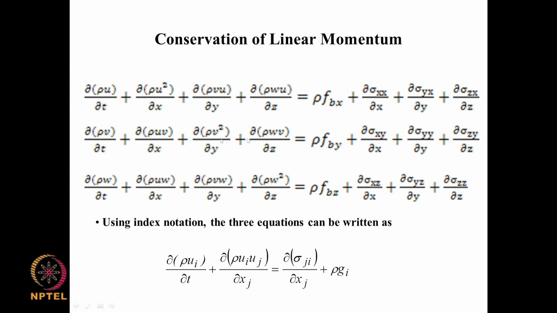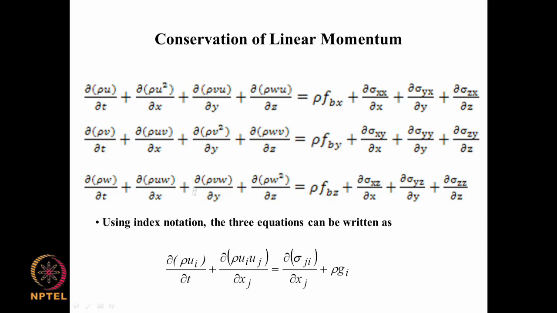This is the momentum conservation in the y direction, so that gives us v here, and one of the u's becomes v here, this u becomes v here, and this u becomes v here, so you have this. And similarly, when you consider the z momentum balance, this v becomes w, one of the v's becomes w here, and this v becomes w here, so you get rho w square.